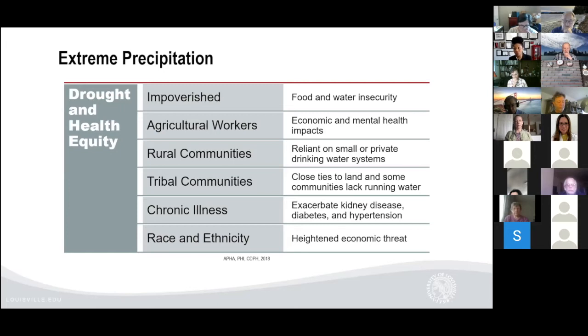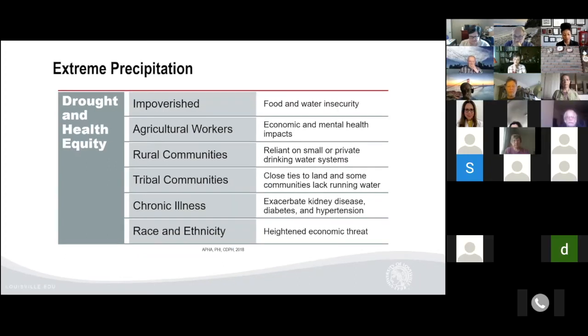Rural communities may be more reliant on private drinking water systems or well water, which can be susceptible in drought. Tribal communities, as we've touched on before, have close ties to the land. And as COVID-19 exposed for many of us that may not have been aware, there are tribal communities in the US that do lack running water.